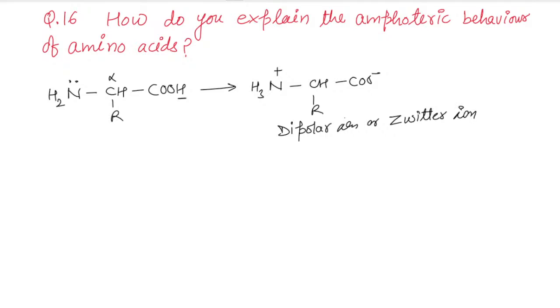In the zwitterionic form, an alpha amino acid shows amphoteric behavior because it can react with acid as well as base. This is the zwitterion structure of an alpha amino acid.